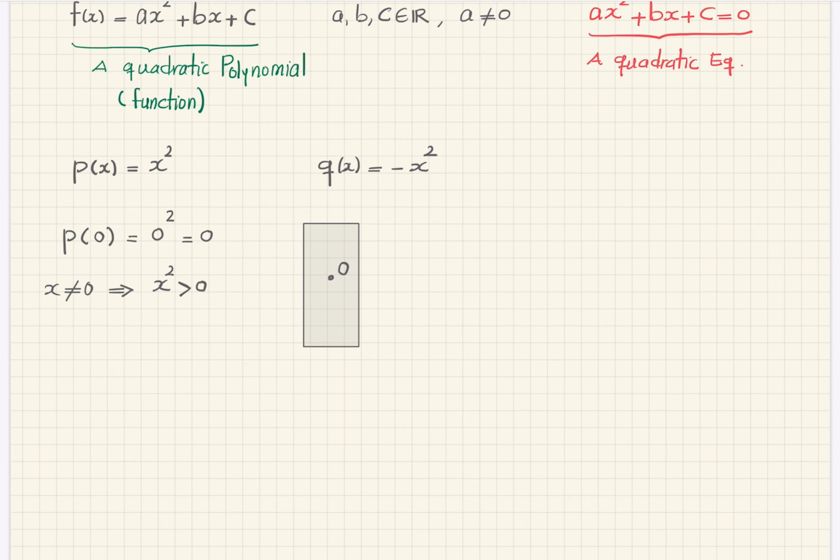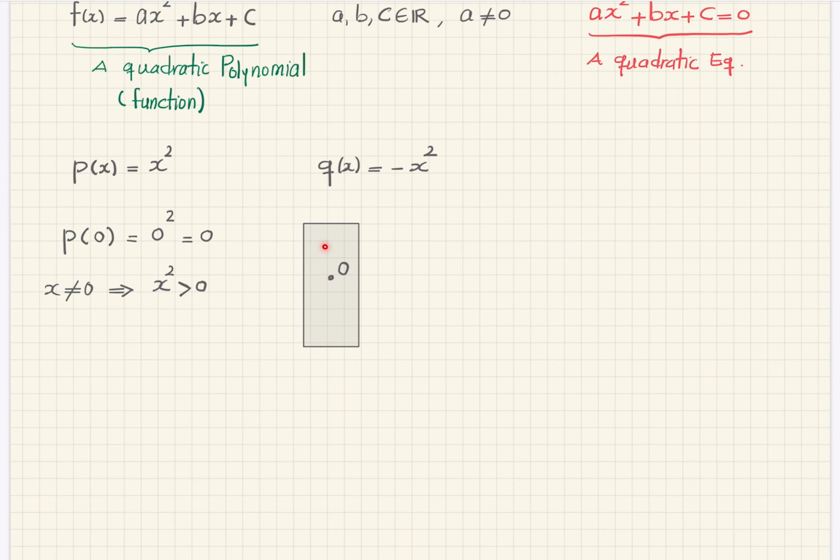Even if x is negative, because I am raising it to an even power, x to the power of 2 is definitely positive. So if x is not equal to 0, x squared, which is my output, is greater than 0. And for this particular number, I get 0.